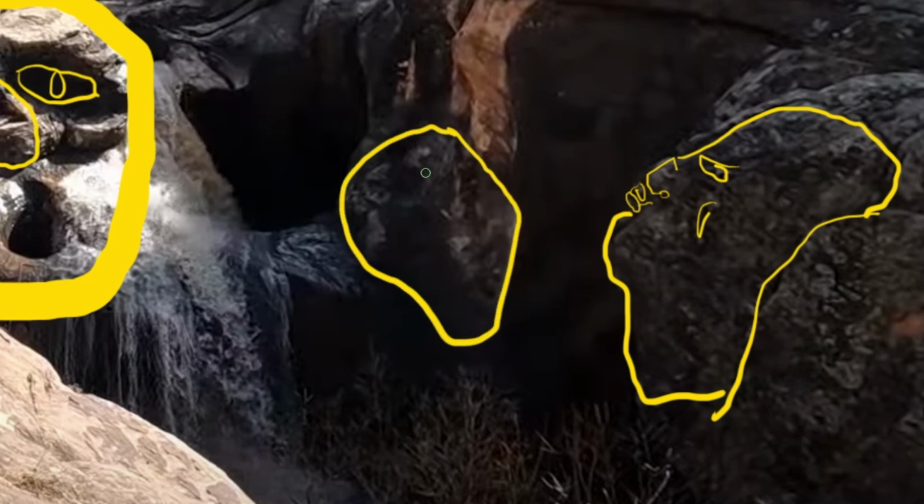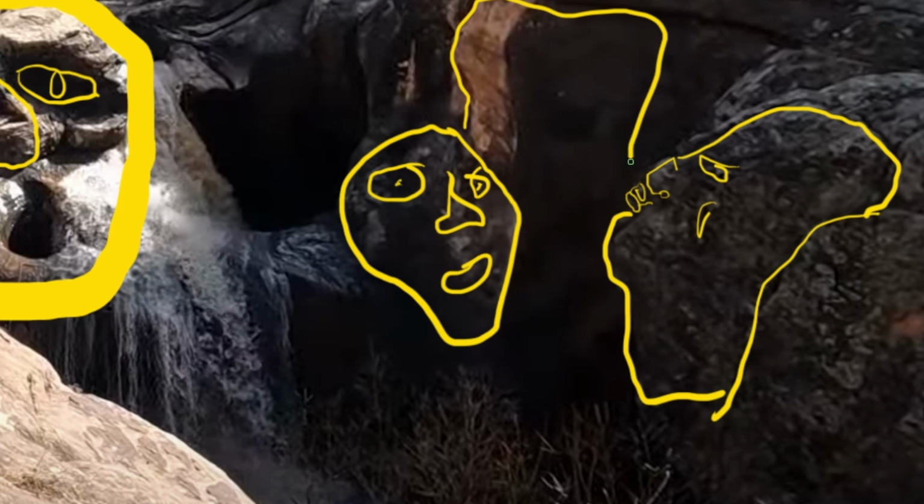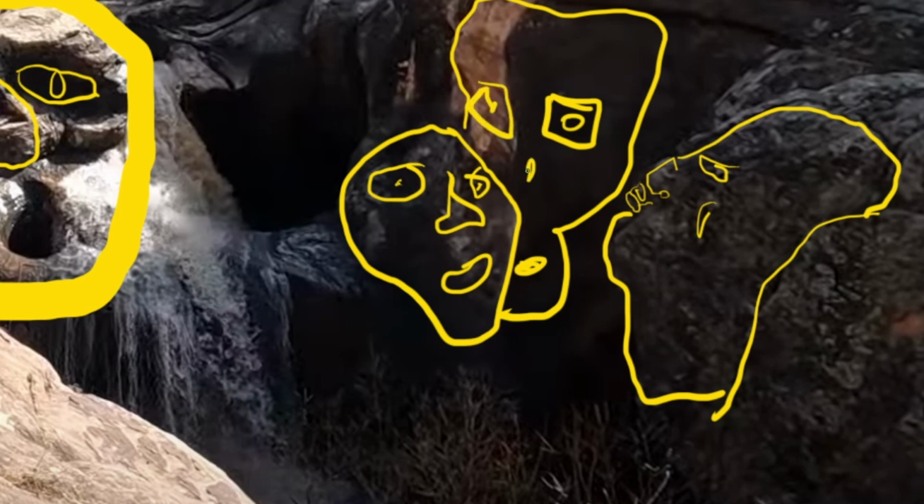But ancient man would have come through here and they would have seen these images. They would have noticed all of this. They would have said that this is a sacred space. They would have maybe even come in here and painted this to make it look more like faces.